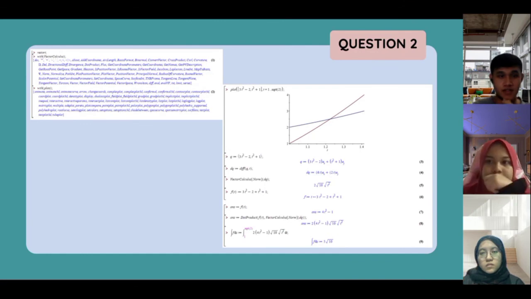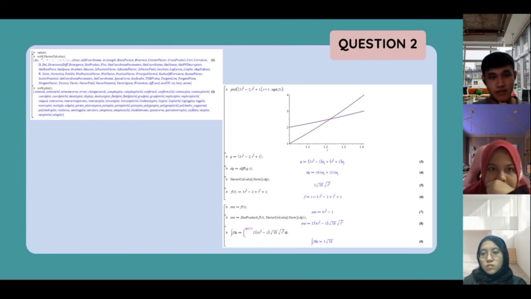Now, we need to find the dot product between f(t) and the magnitude of the differentiation dq. So we can write it as n colon equals DotProduct(f, Norm(dq)) semicolon, and we get the answer, which is 2(4t squared minus 1) times root 10 times t.